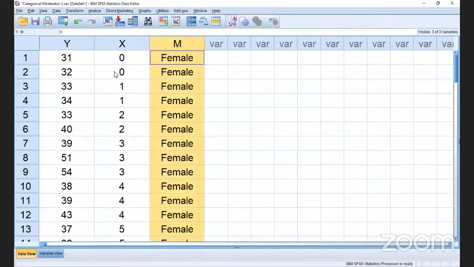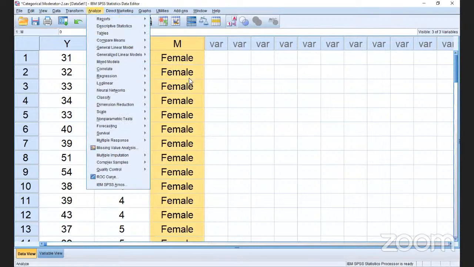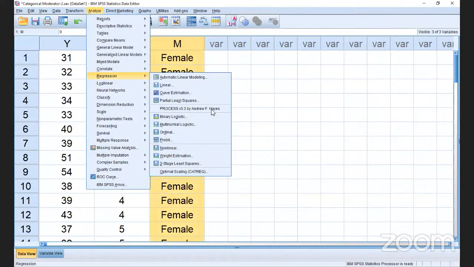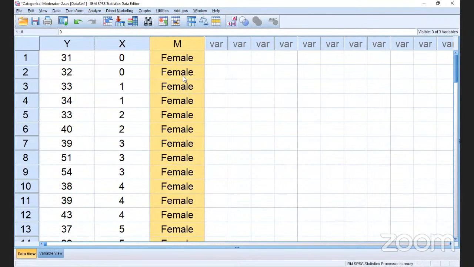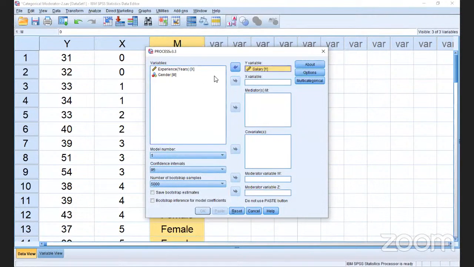Analyze, then regression, and you go for PROCESS macro. So salary is the dependent variable, experience is the independent variable, X I am transferring here, and gender, that is the moderator variable, categorical.